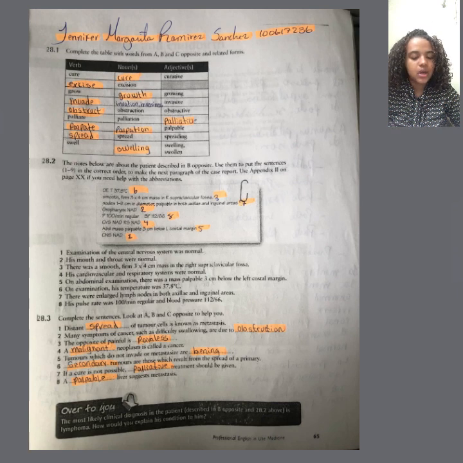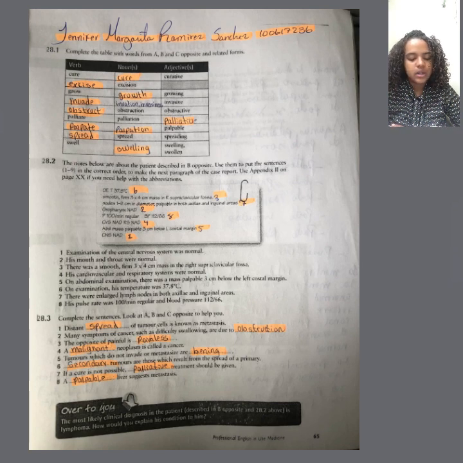Palliation, palliative. Palpation, palpable. Spread, spreading.